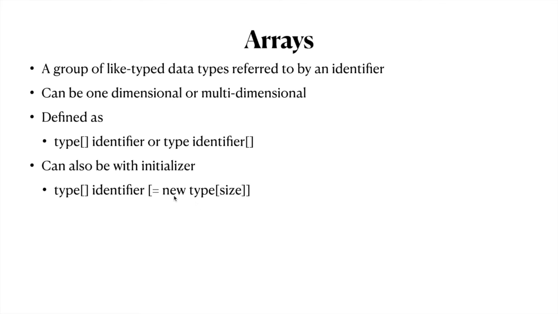So as you can see here, it says new type and size. We can define it and initialize it like that. And when we say new, it's a keyword in Java to create memory for a specific data type, and size is the number of items that should be included in this array.